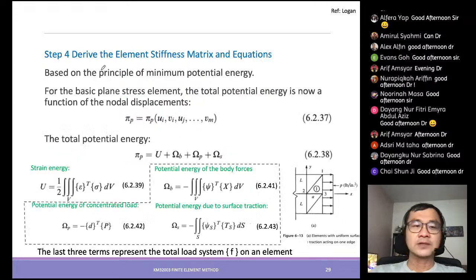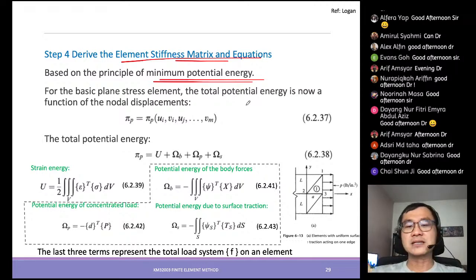Now in order to derive the stiffness matrix, we would use what we call the minimum potential energy principle. Since this is a bit complex, I would not expect you to derive it, just to have an idea of it.